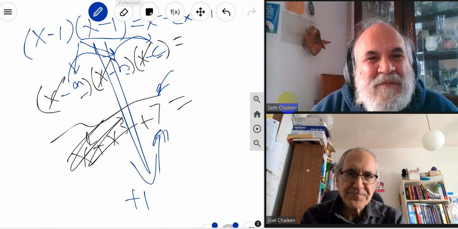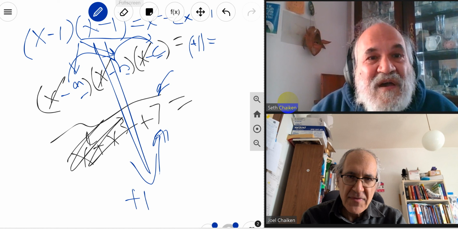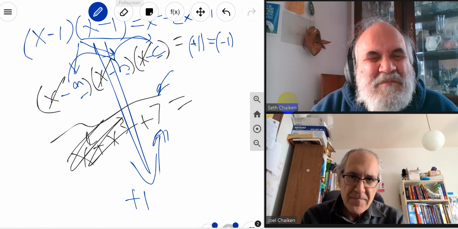Well, 1 is the root, so we're talking about minus 1. But if we're multiplying them with multiplicity, then you have to square it.